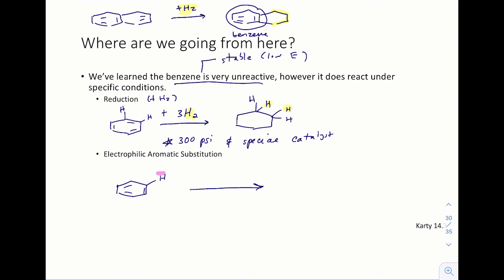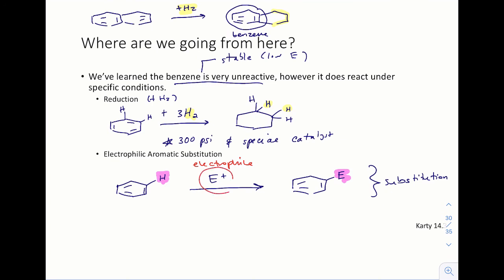Finally, chemists are able to facilitate what's called electrophilic aromatic substitution reactions, where a hydrogen atom can be replaced with some electrophile. This represents a substitution. But just like there was a catch with hydrogenation, there will be a catch with electrophilic aromatic substitution as well.